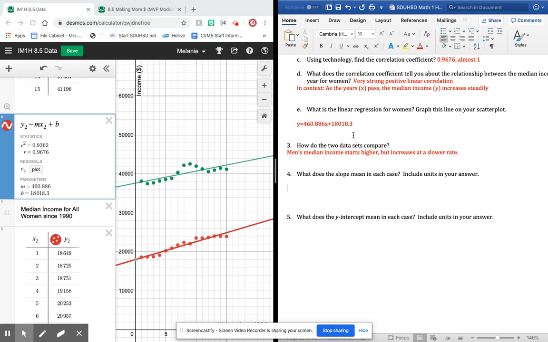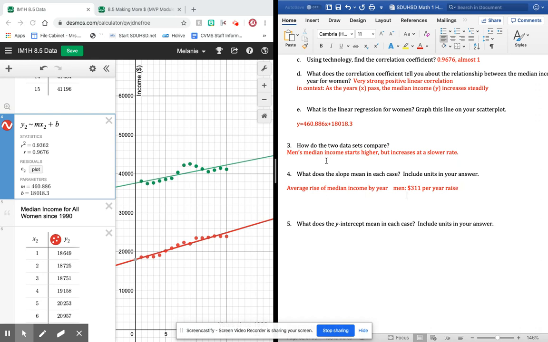So what does the slope mean in each case? Well, slope is average rise. So average rise of income, well, median income, by a year. And for the men, you have a $311 per year raise.